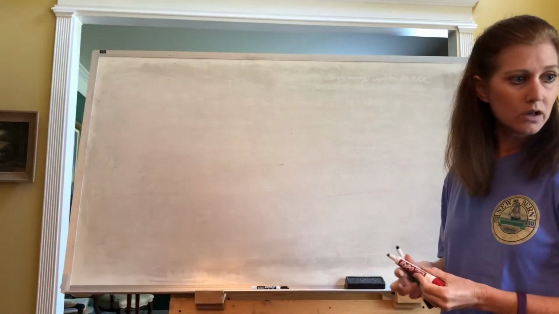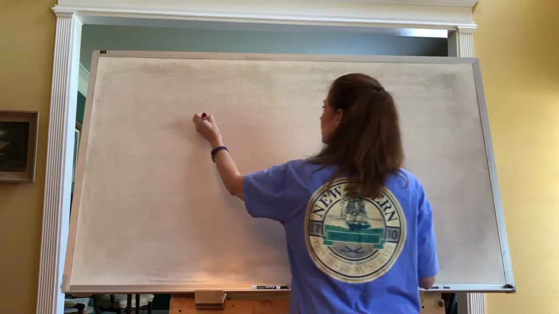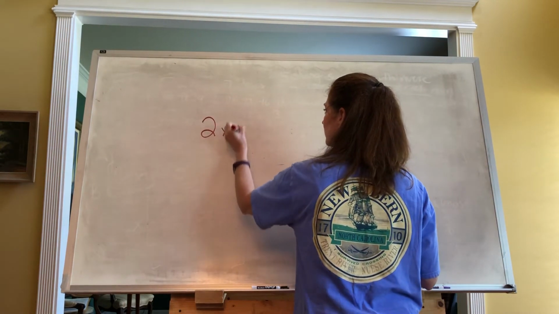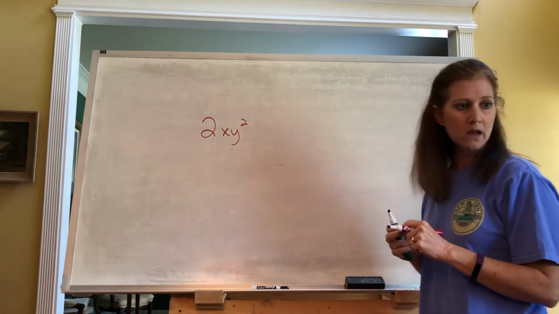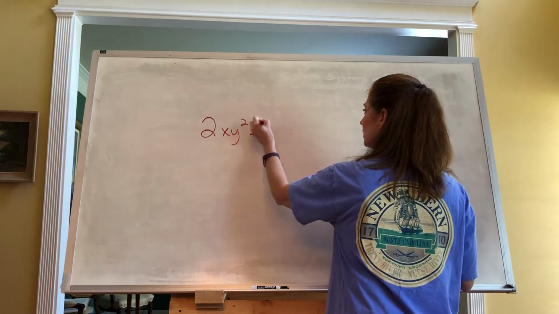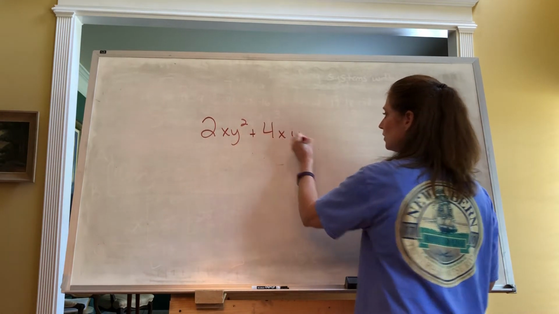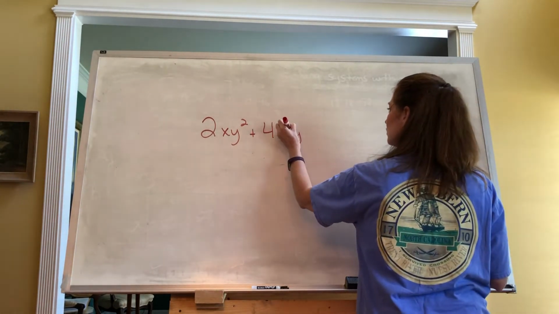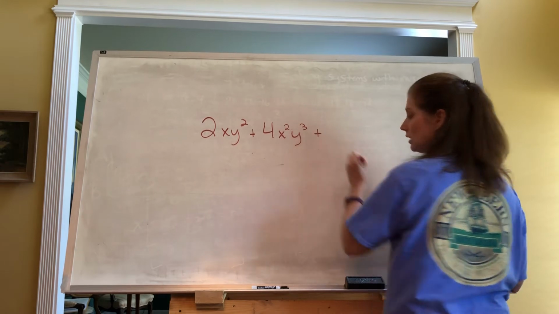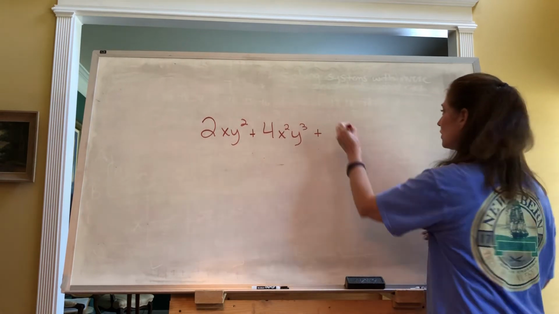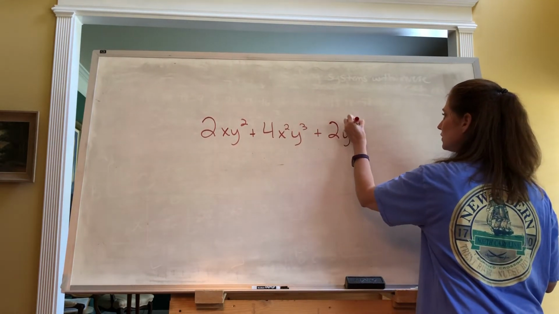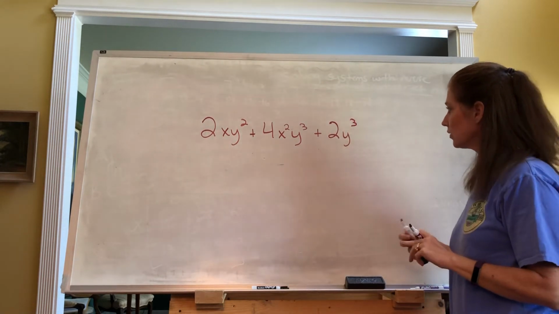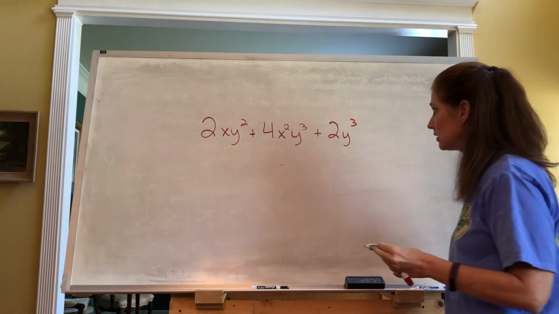We have 2xy squared, 4x squared y cubed, and 2y cubed. Okay, so this time we have 3 terms.